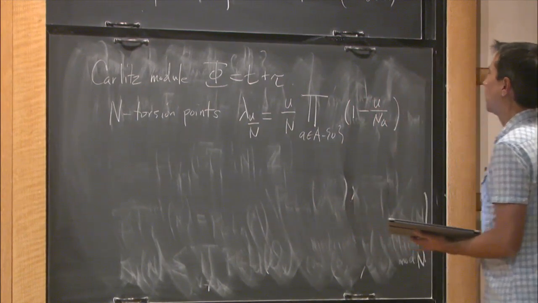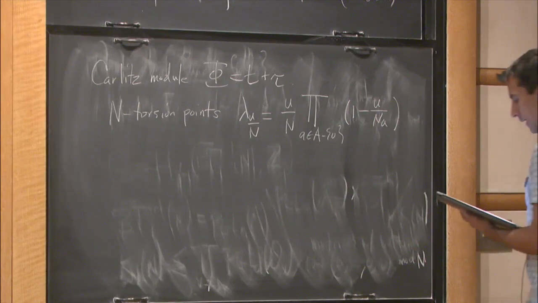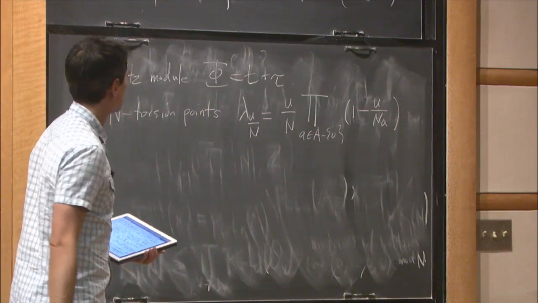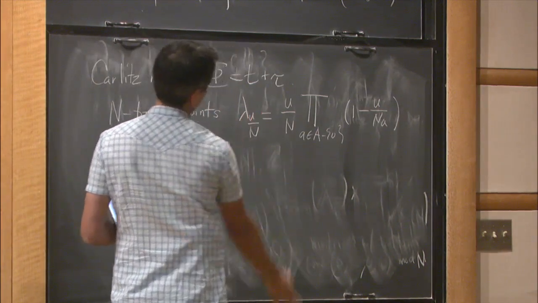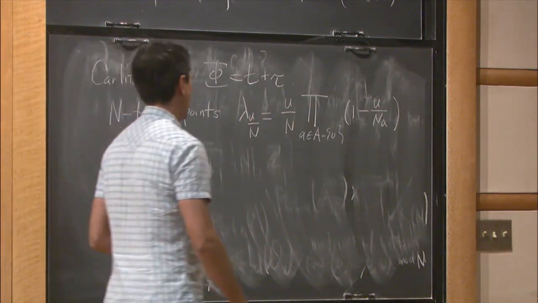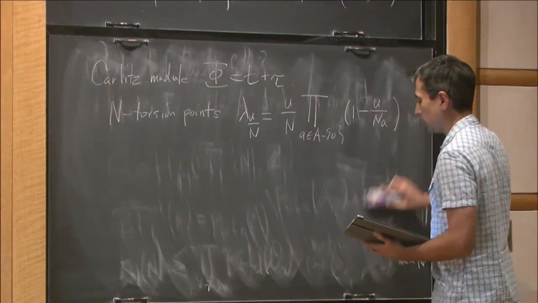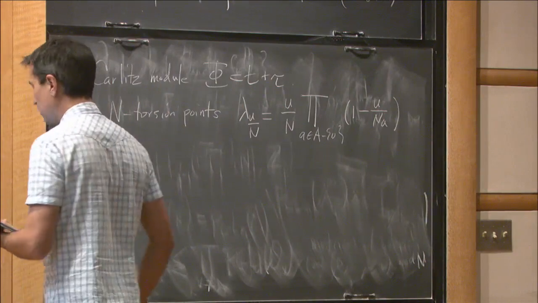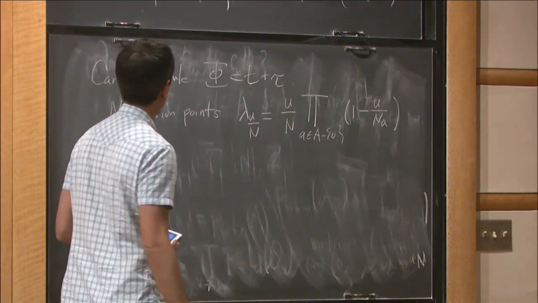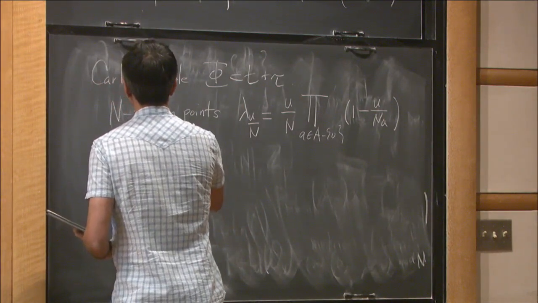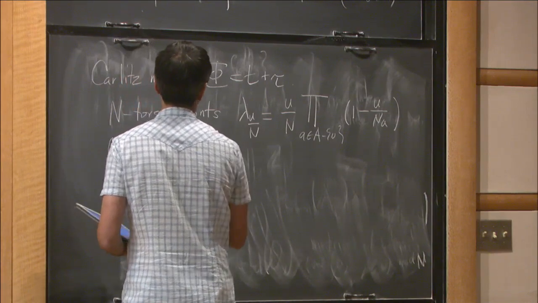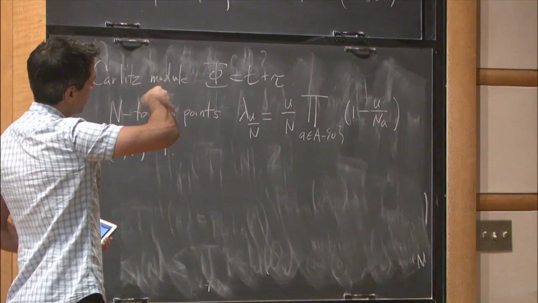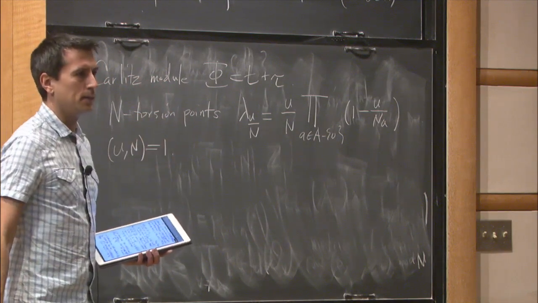These are actually called cyclotomic units, I believe, and they're not quite units though, in general. Yeah, so u is just an integer prime to n.